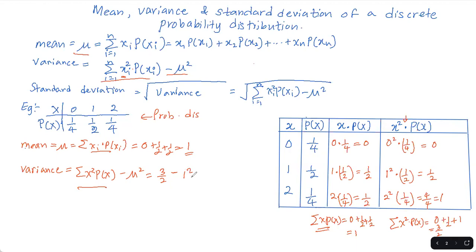Don't forget to square that number, okay? So this is 3 over 2 minus 1, which is half, 0.5. So then how do you calculate the standard deviation? The standard deviation is simply the square root of 0.5.